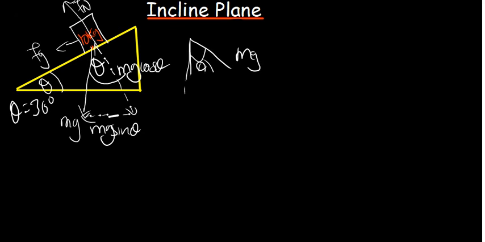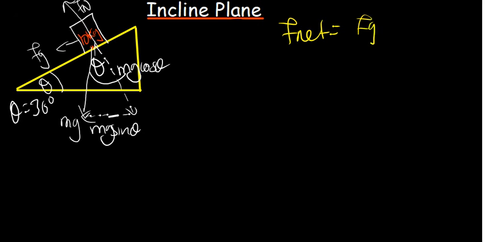Now, knowing that, how can we derive an equation? According to Newton's second law, F net is equal to the force that makes the object go down. That is, we only have the Fg. But as we can see, Fg is going in the same direction as mg sine theta.